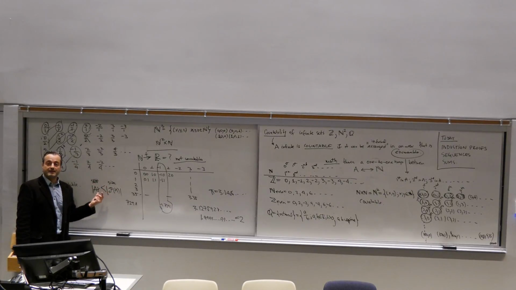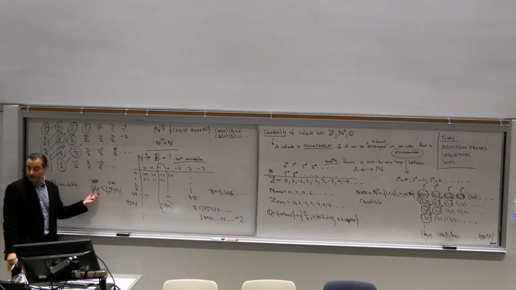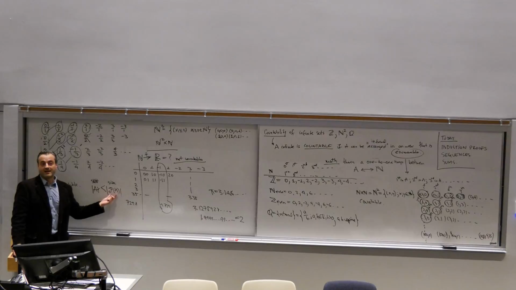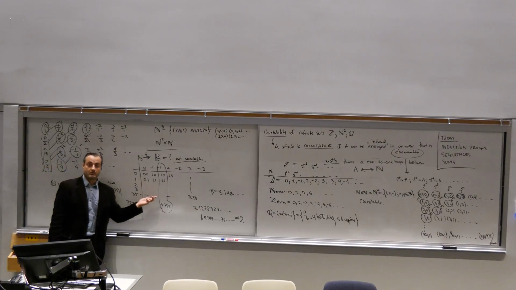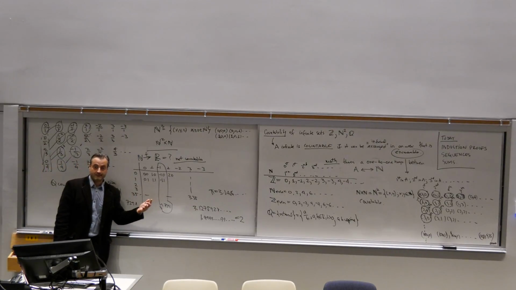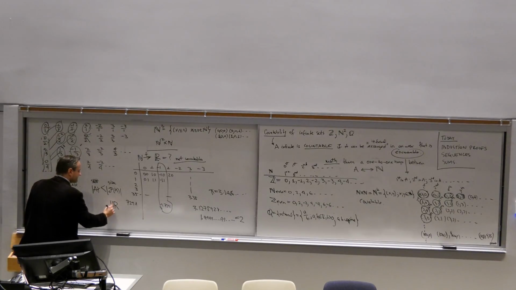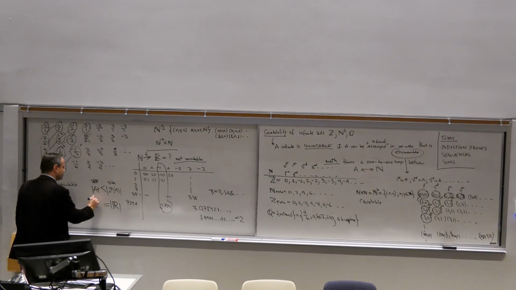But even for infinite sets, if you start with a countable set and build all subsets of it, that cannot be countable. And R is a set with a certain infinite size. If I do the power set of R, I get a bigger infinity. In fact, the size of R is the same as 2 to the n.